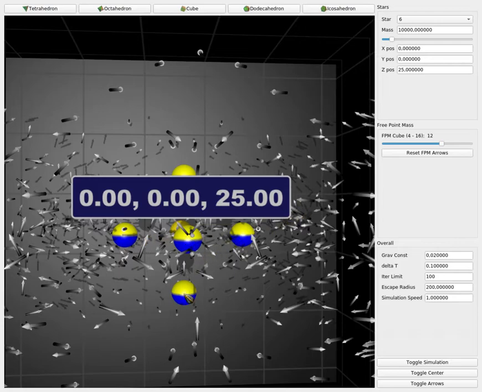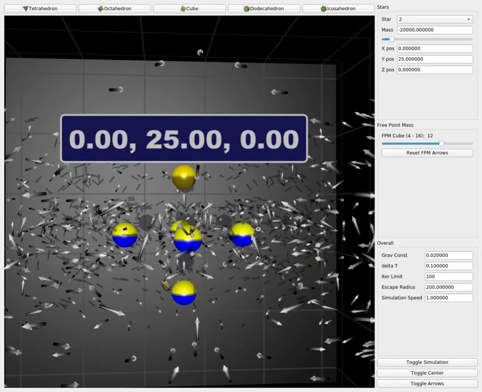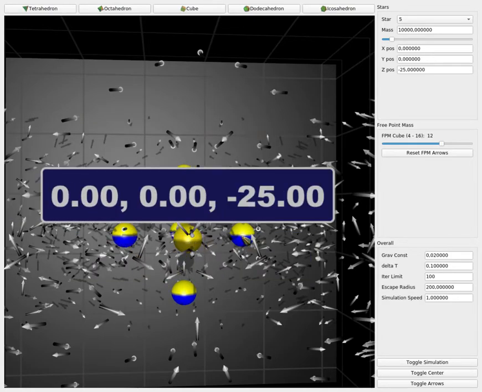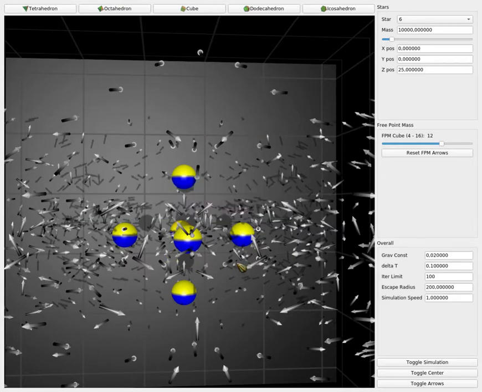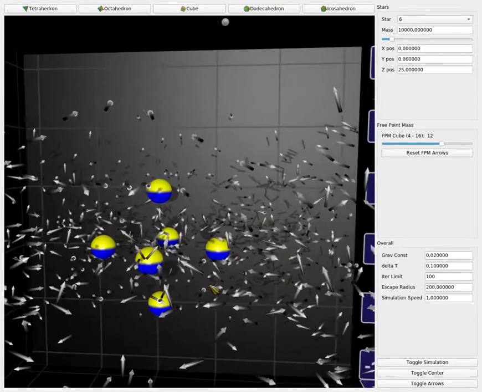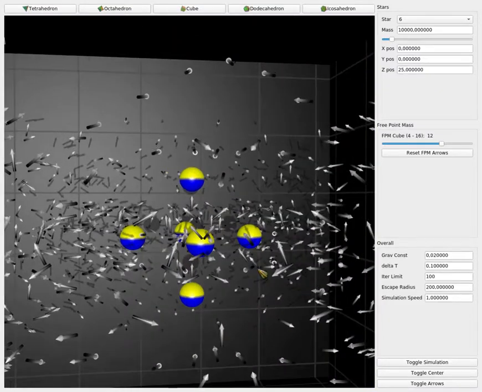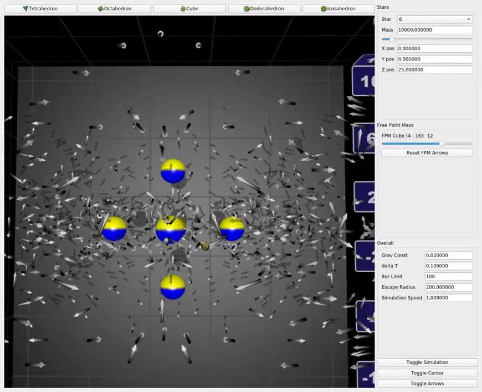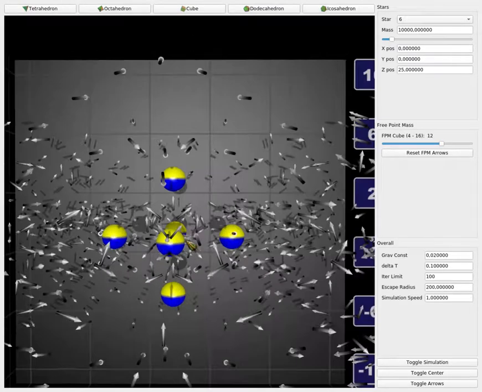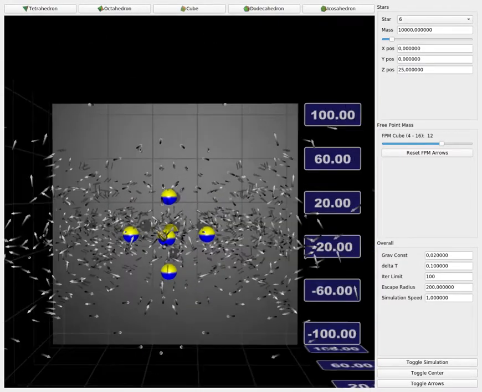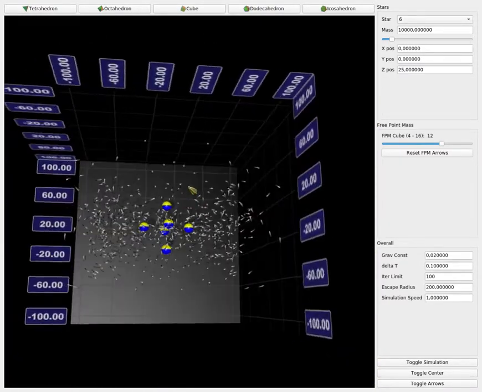So you got negative 4,000 with these 2 guys, plus a positive 40,000 with those 4 guys, which is a net of 0. So at, quote, infinite distance, there should be no force. Well, we're not at infinite distance, are we? Of course not. So this is just some of the dynamics that I like playing around with.